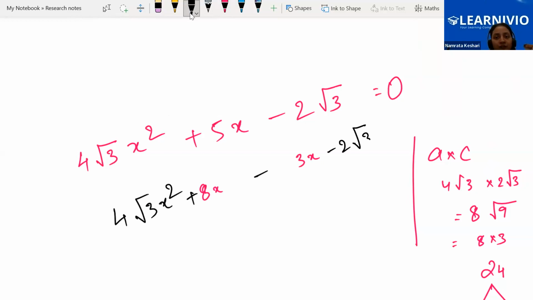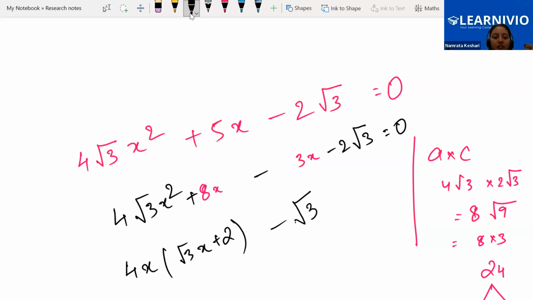Tell me, what is the common factor from the first two terms? We can take 4x as common. We'll be left with root 3x plus 2. Perfect. From the next two terms, we can take root 3 as common.